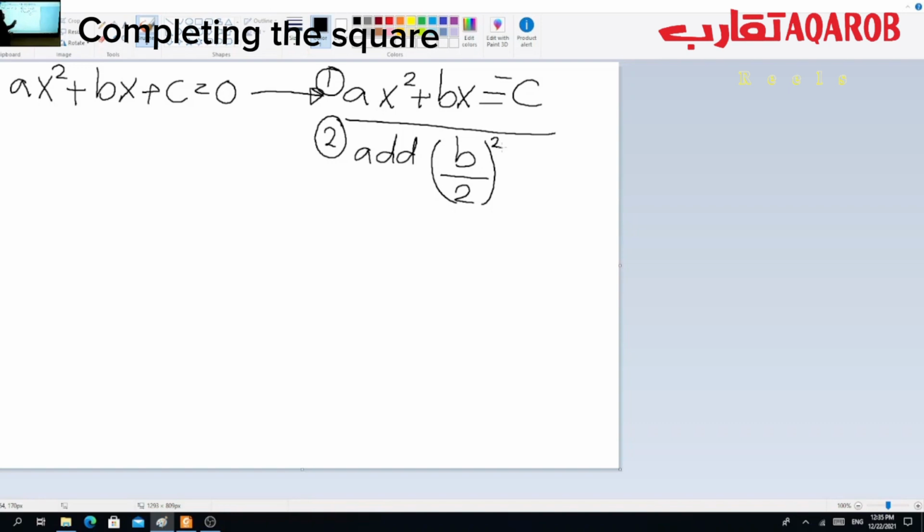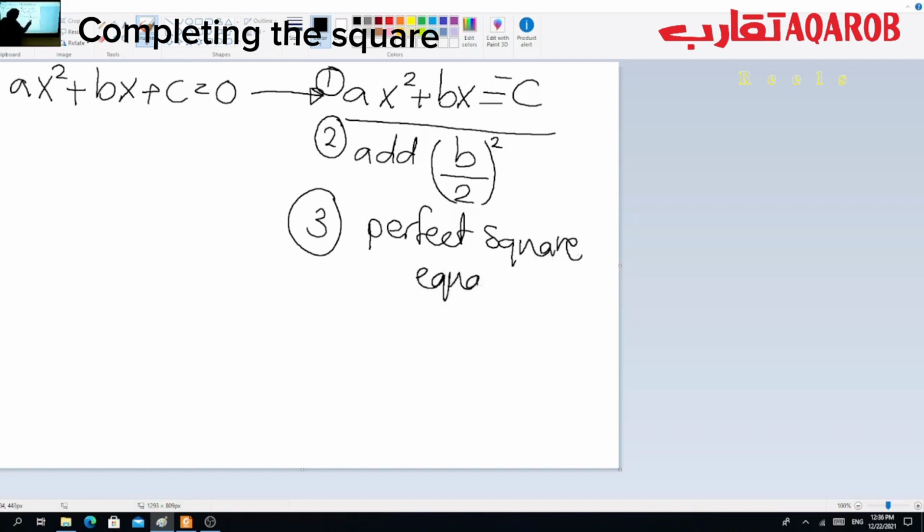Then after that, we will reach a point in which I have a perfect square equation. So in the third step, I must have a perfect square equation. If you remember, a perfect square polynomial can be split into two identical binomials.